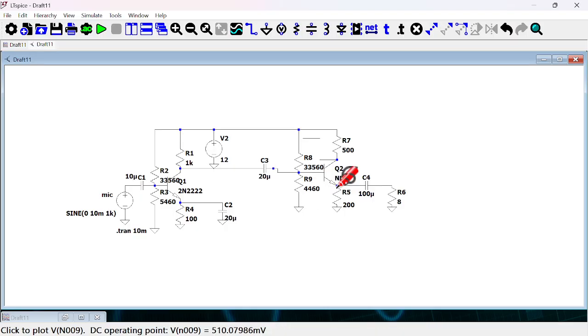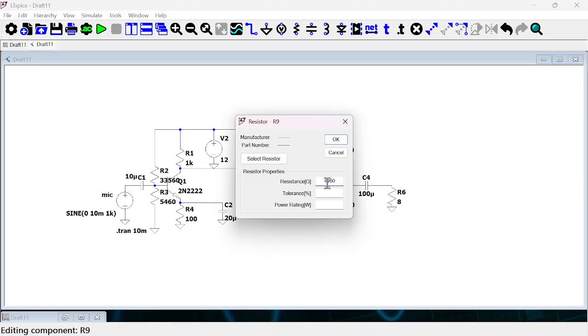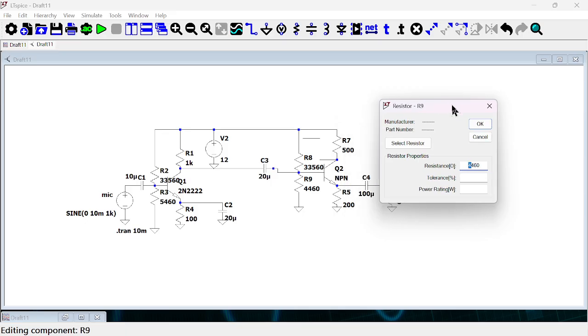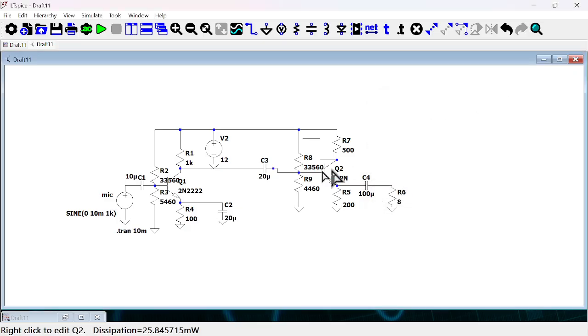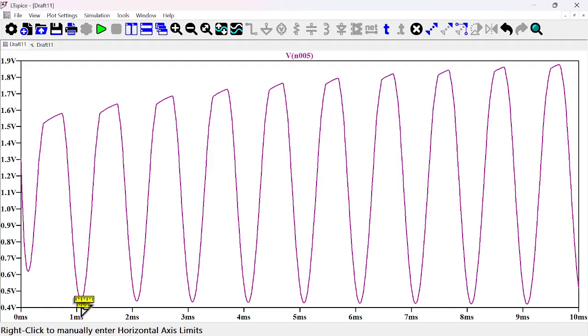Okay, so I think the signal coming in, let's check out the signal coming in. Okay, so the signal coming in is too huge, so it's driving the device crazy.